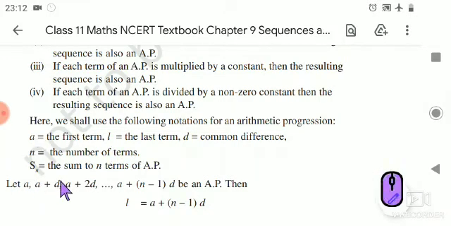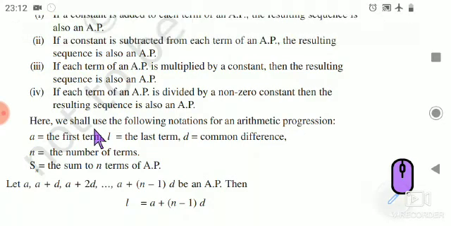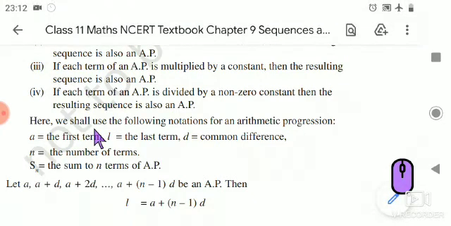Let a, a plus d, a plus 2d, and so on, a plus n minus 1 into d be an arithmetic progression. Then the last term tn or an, which will be denoted by the notation L, is equal to a plus n minus 1 into d.